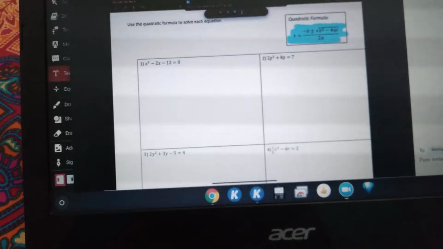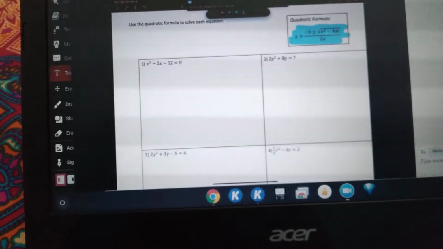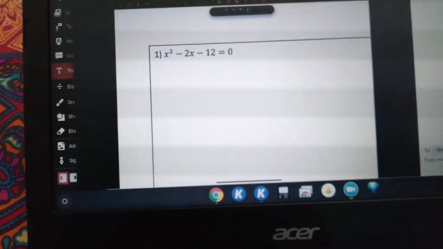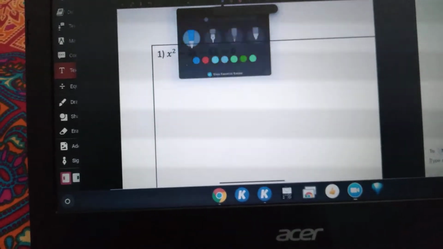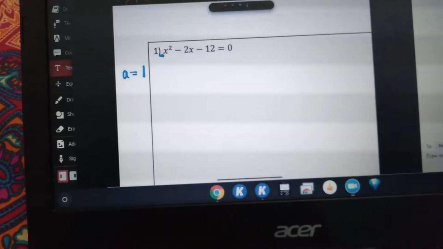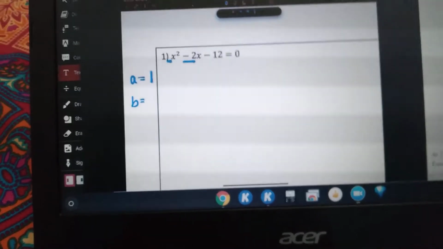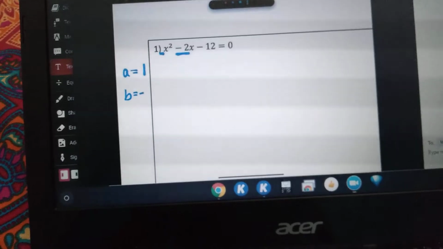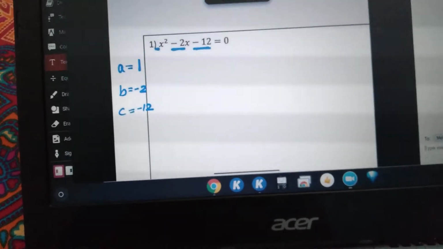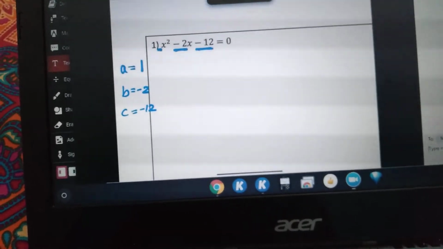Does everyone understand that? Good. So if I'm doing question number 1, my a is equal to 1, my b is equal to negative 2, my c is equal to negative 12. Everybody got it? No problem.